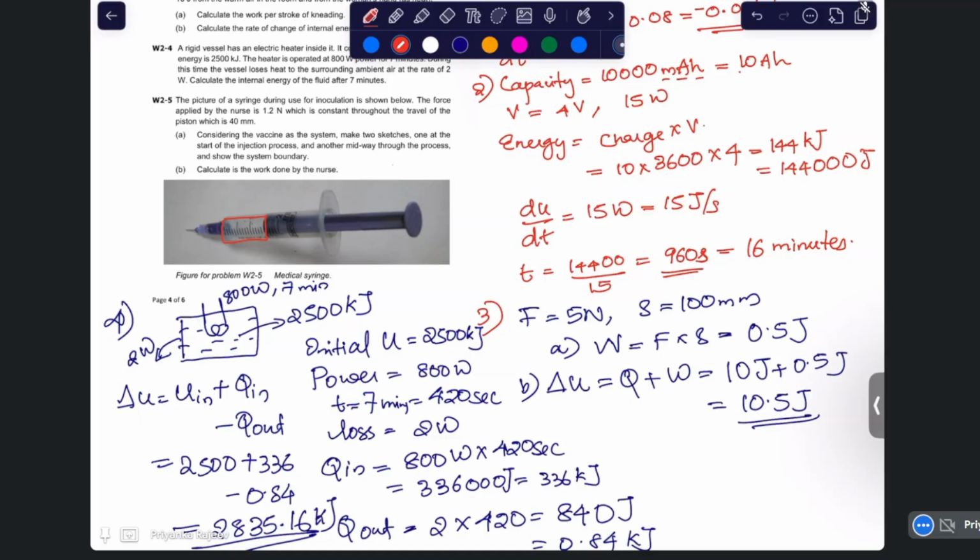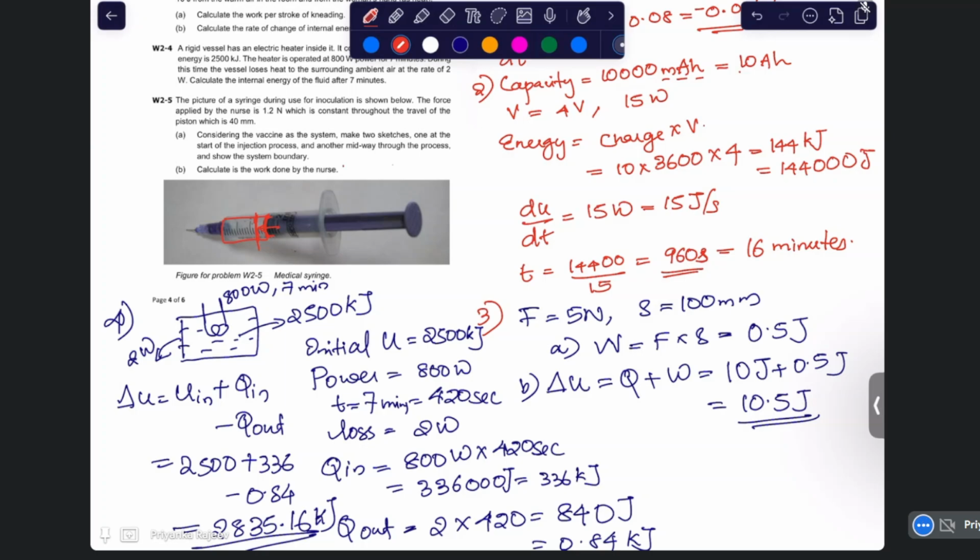So that and the piston will be the upper boundary. Okay, so this is the system boundary, and if it is pressed some more inside and the piston reaches somewhere here, then that will be the newer boundary. That is the only difference.